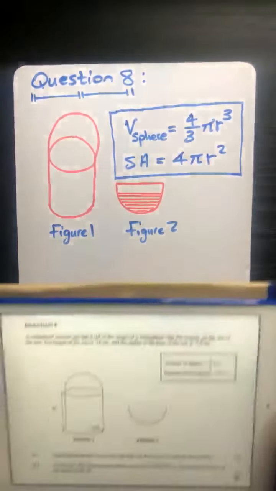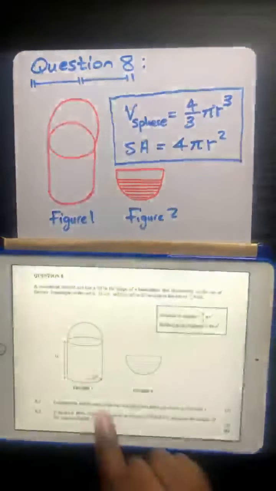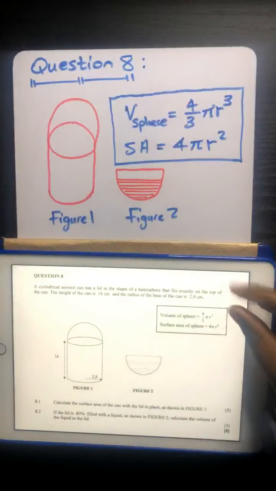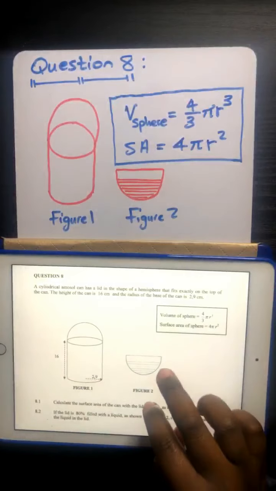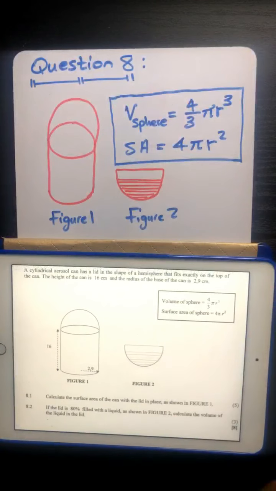So, guys, in today's lesson, what I'm hoping to achieve is just to take you through that question 8. I'm going to read the given statement, do a bit of an interpretation of that given information, and then from there, I'm going to take you through question 8.1 and again question 8.2.